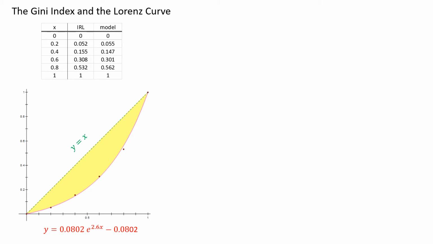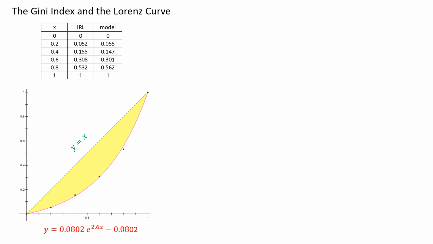Sometimes that's called the ideal line, but again, I don't want to place a value judgment. If there were a society where every person made $1 a day, then they would have y equals x as their Lorenz curve, and that doesn't sound like a very ideal place to me. But again, we're not putting judgment on anything here, just doing numerical measurements.